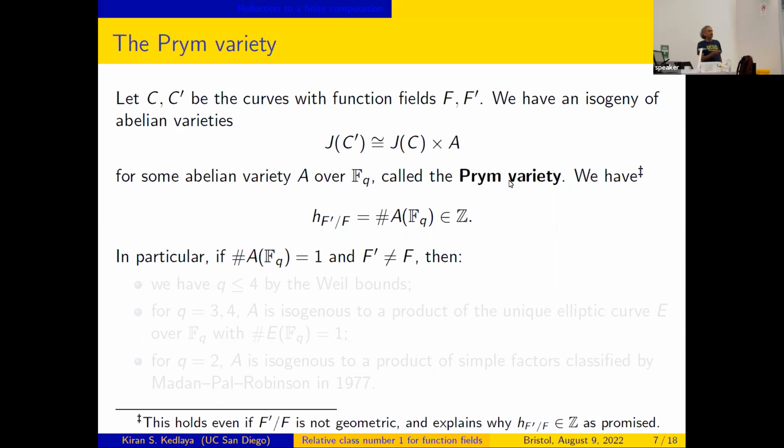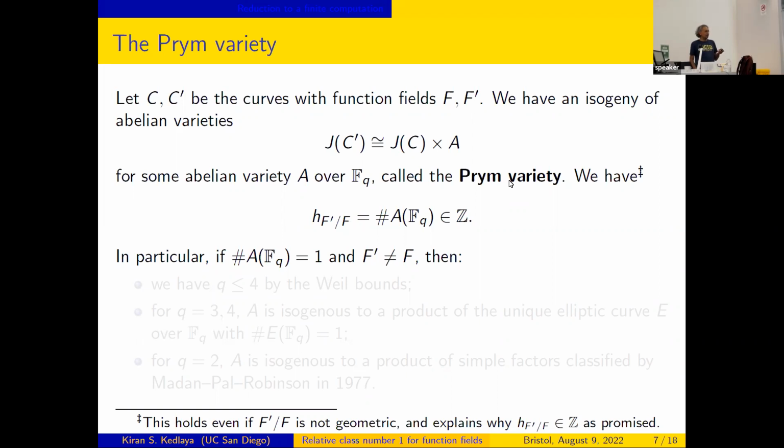And the point is that the relative class number is just the order of the group of F_q rational points. So that's certainly an integer. And not only is it an integer, this interpretation gives this integer a lot of useful structure. It's going to relate it to Weil polynomials and so on. So this is a key point, that this relative class number is the order of some group of rational points of some abelian variety.